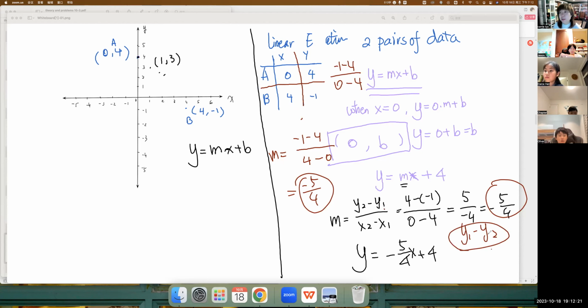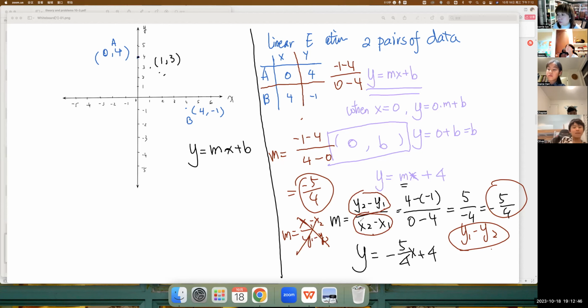Maybe the formula writer doesn't like that way, but either way doesn't matter. Just remember the top is y over x. Some people say m equals x over y, x1 minus x2 over y1 minus y2. That is wrong. Always remember the numerator and denominator are this way around.